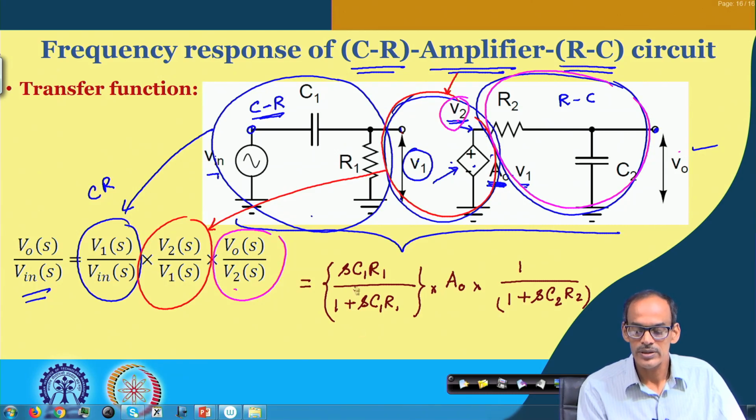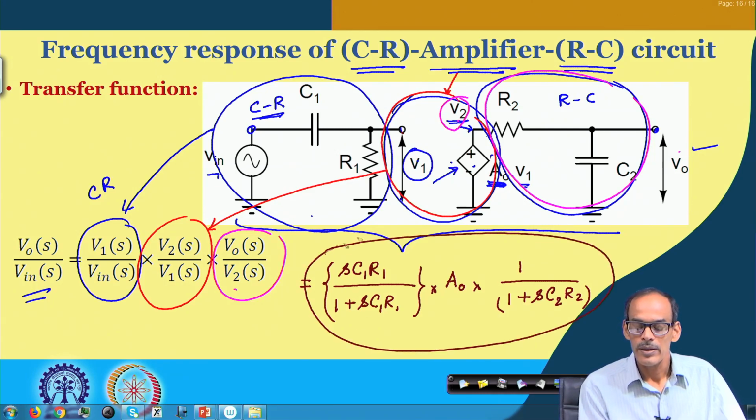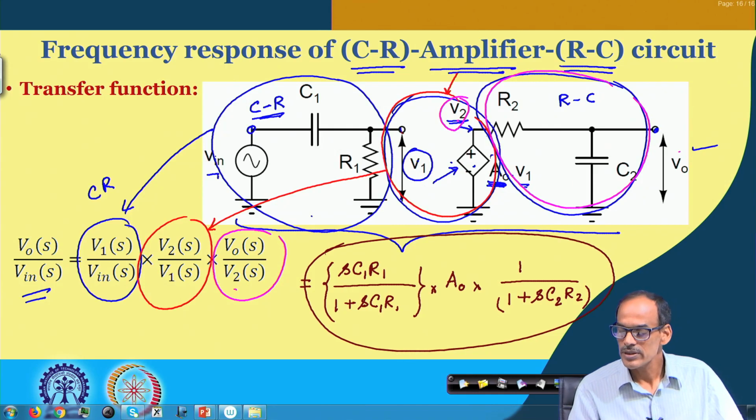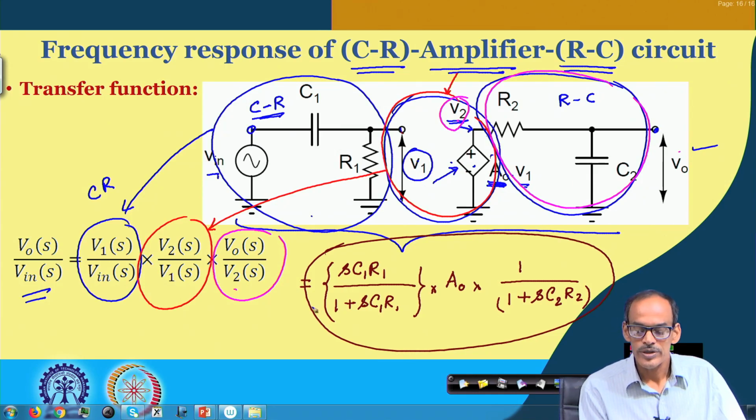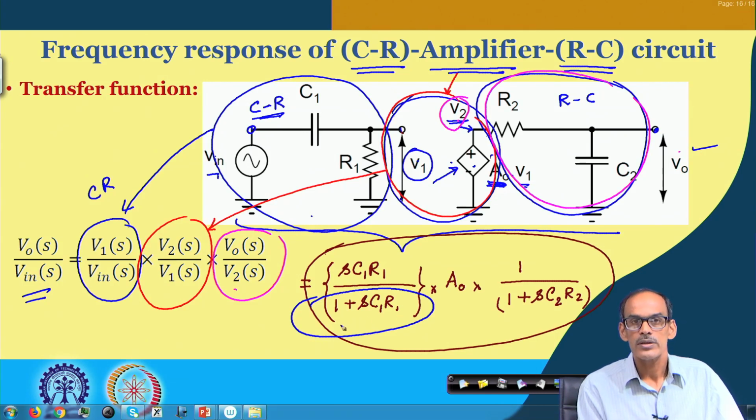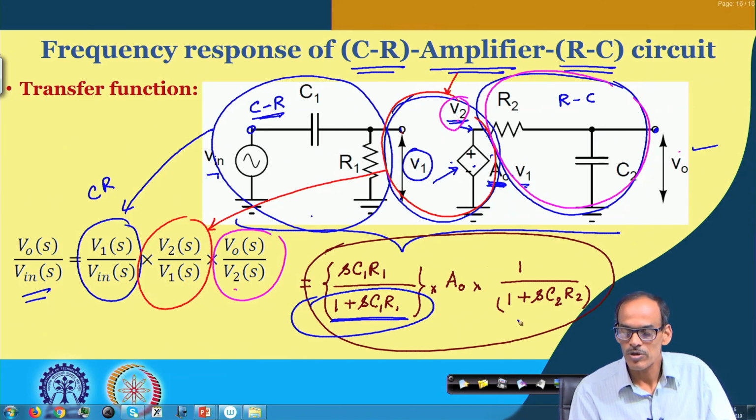What we are looking for is the frequency response, and hence the poles of the transfer function, or the factors we have in the denominator polynomial, one is here, another is here.